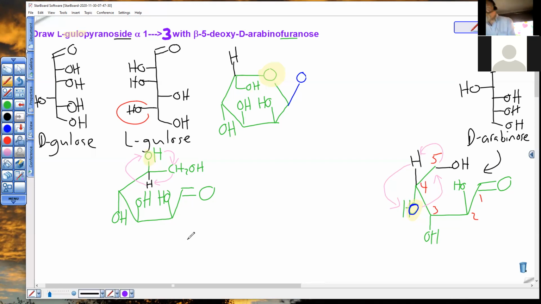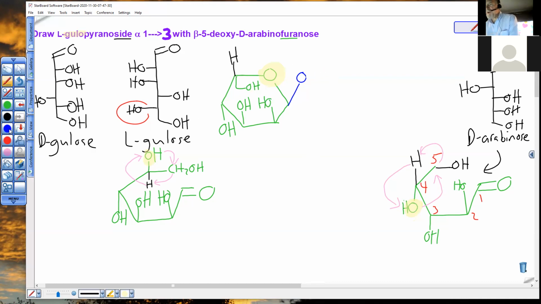So this little blue O here, I like the highlighter because I do need that O to make my ring. That's all I can use that O for. There's the O, H. Here's my highlighter. But the name says carbon 3 of this sugar is the one that's going to link with this ring here.